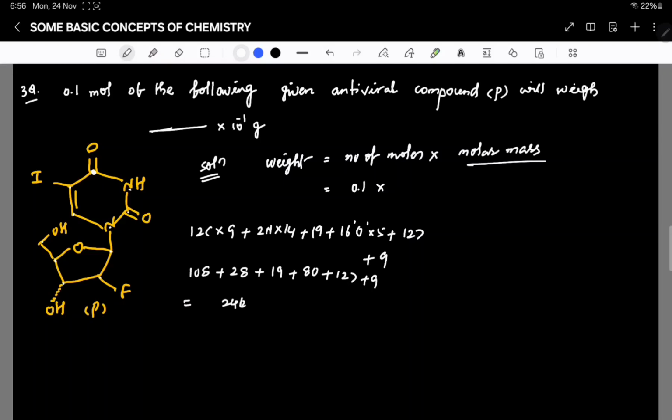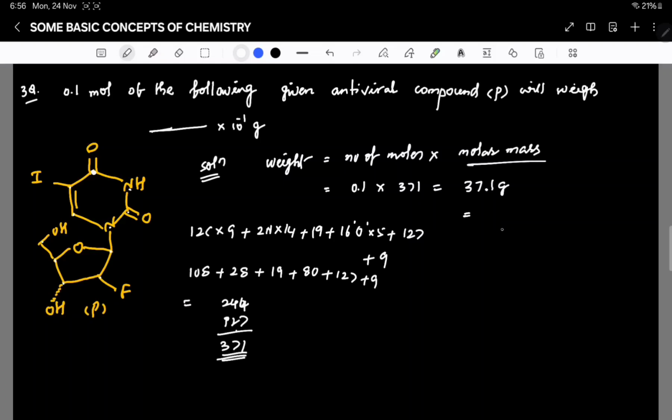So 244 plus 127, student, around it will be 371, right? So the molar mass will be 371, and you multiply by 0.1, so this will be 37.1 grams.